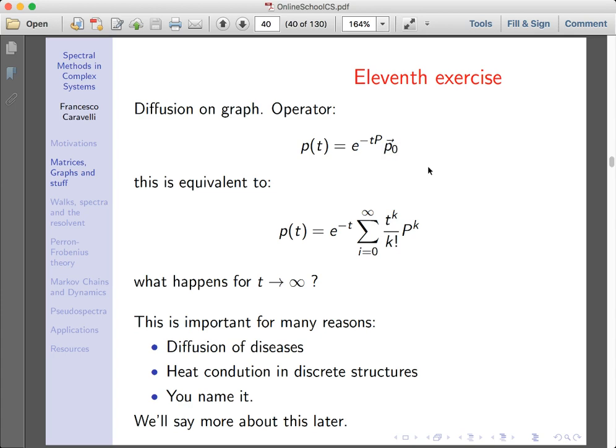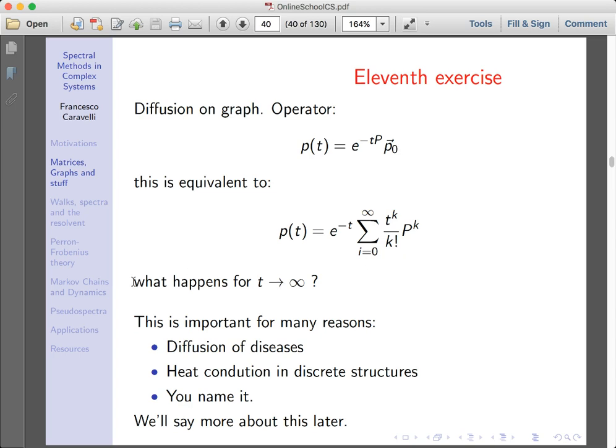P0 is the initial distribution of particles in the graph, and t defines the evolution of probability according to this diffusion. Okay. You might ask, what is the exponential of a matrix? It can be defined in several ways. In particular, it can be defined exactly as a Taylor series in t of the exponential.